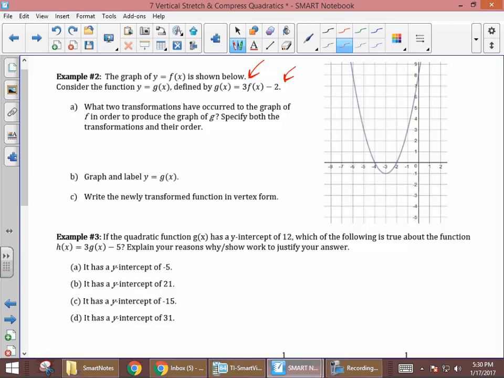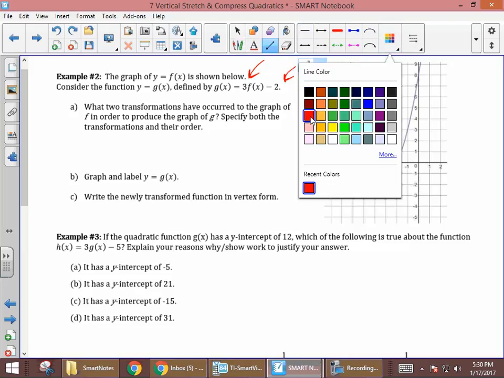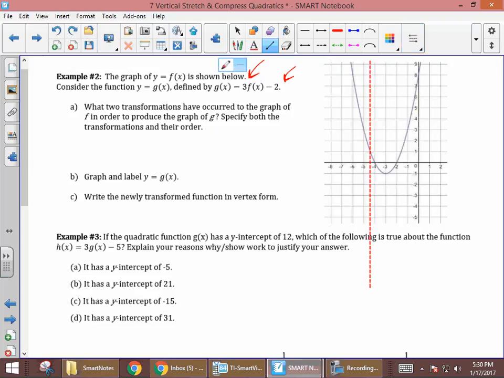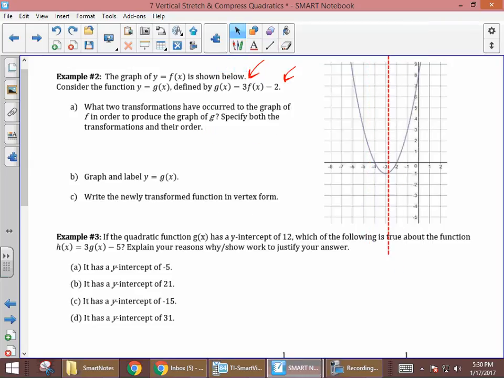So the x values will stay the same. I'm going to take the same gaps from that axis of symmetry, which is here. Okay, I'm going to stretch it by 3 and then drop it 2.